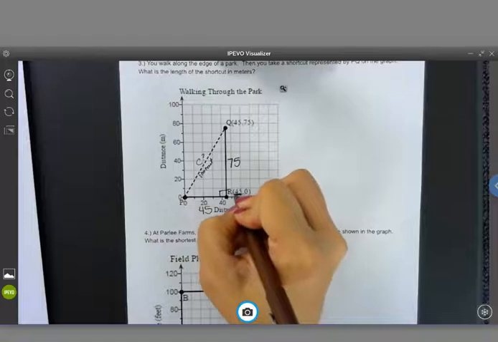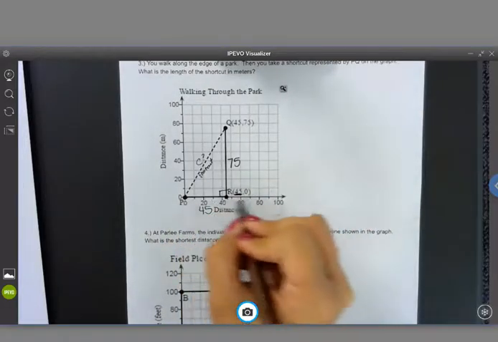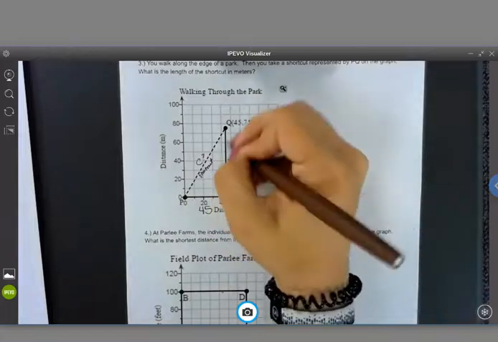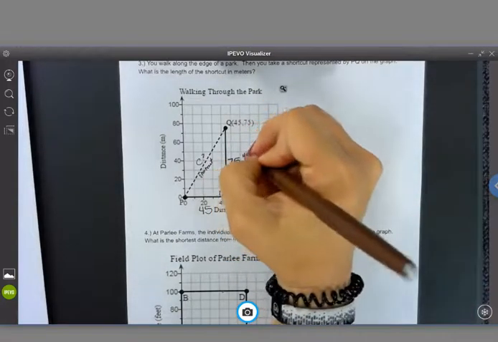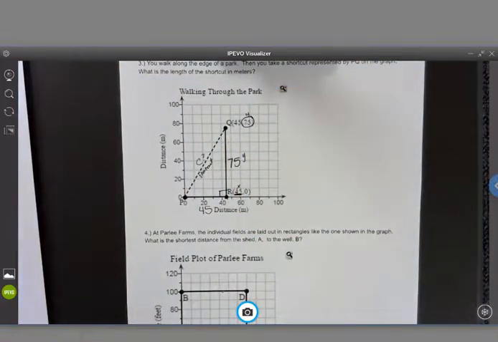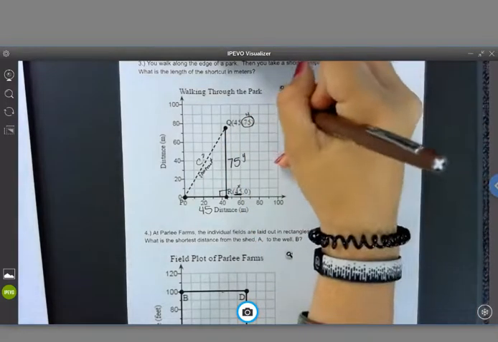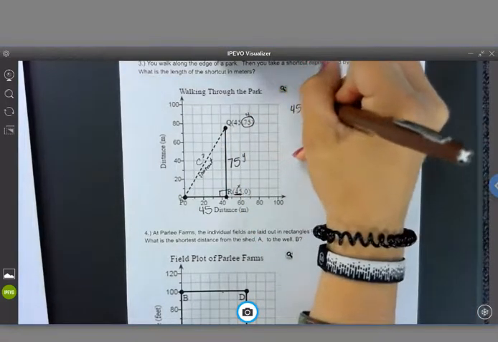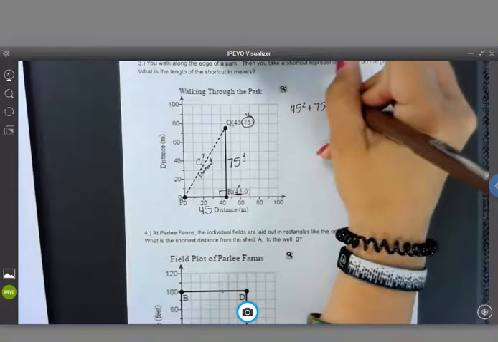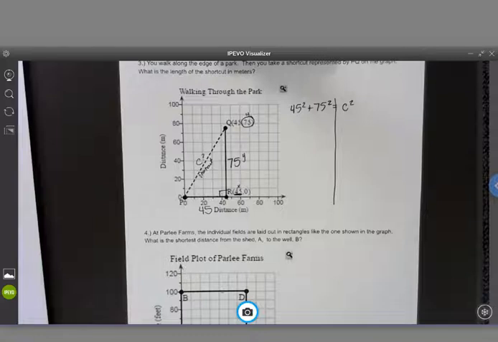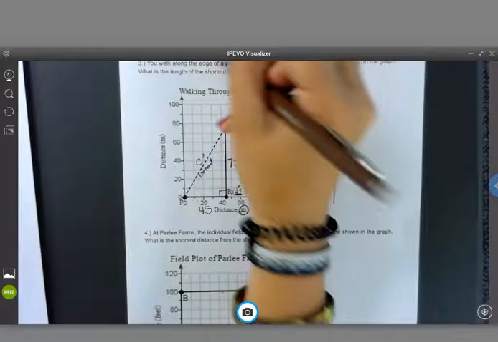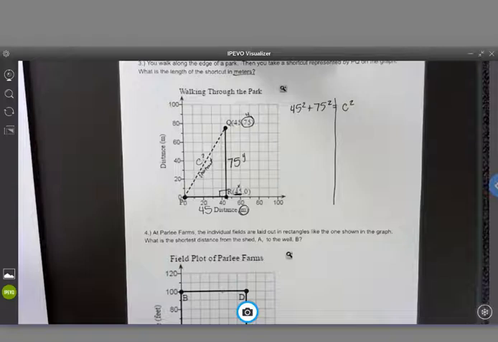They've told us right here what the x amount is, and since this is the x number, it's 45, and going up deals with the y value, and in this point the y value is 75. So we set up our problem and solve for C. Again, I'm going to leave you to do that on your own. And they've given us a label here, so make sure you label your final answer.